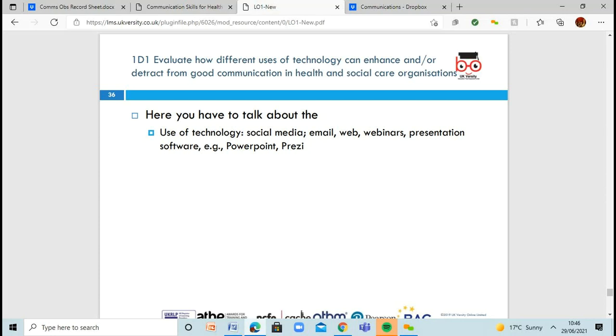So in a nutshell, all you're going to do is talk about the different types of technology that are done now. Now, the best example I can see is, and I might have spoken to some of you about this earlier as well, is now that we've got this COVID system that's going on at the moment, unfortunately, it's not that safe for you to be going out and about, especially for doctors where they're seeing so many different people a day. So my GP has got a system, and I'm pretty sure that a lot of other GPs have got the same system.